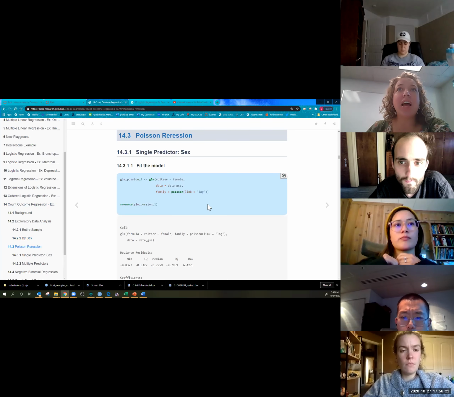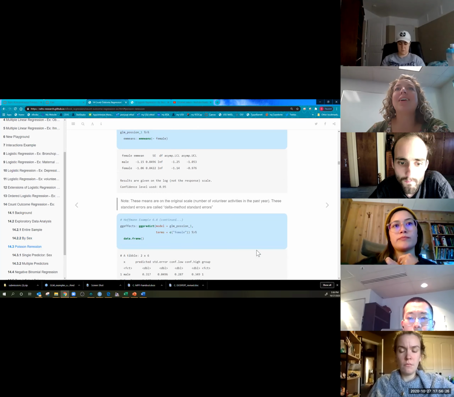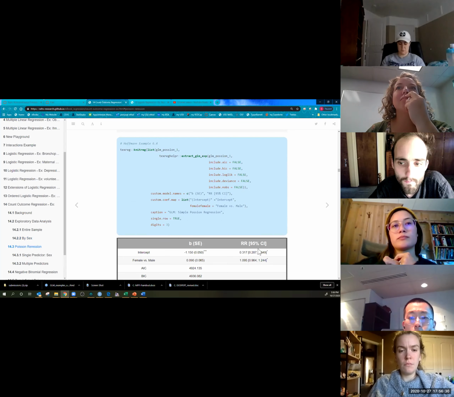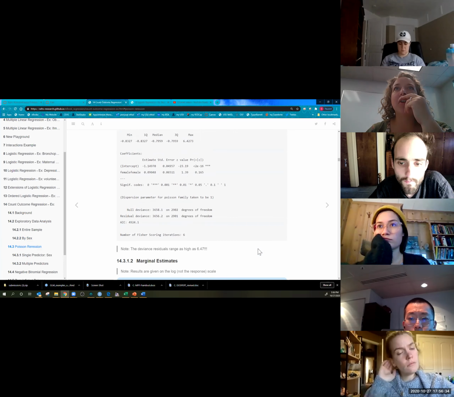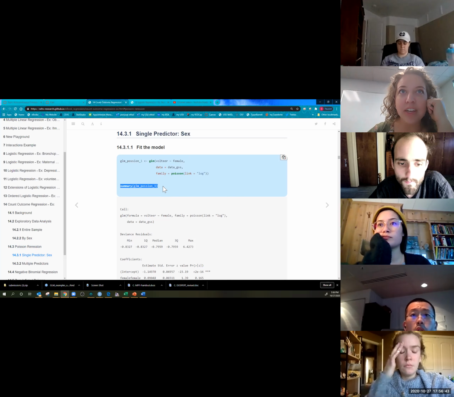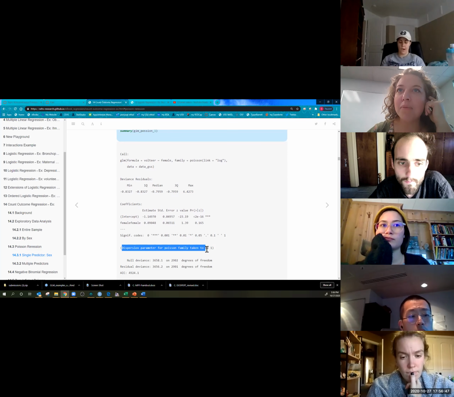So because of that reason, the Poisson assumes that there's no over dispersion, and we often violate that, so it usually doesn't fit the data very well. So when I just fit my Poisson model and ask for this summary of it, it gives you a little line down here. It says dispersion parameter for the Poisson family is taken to be the number 1.